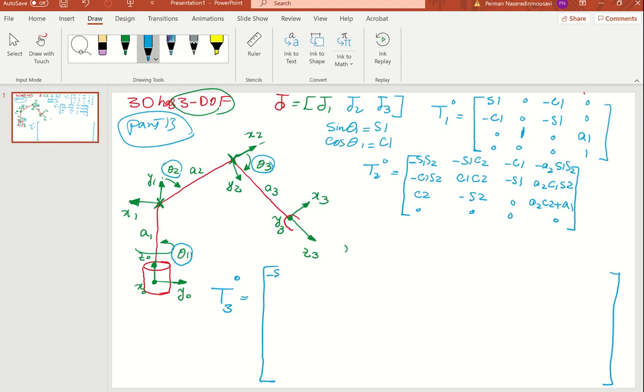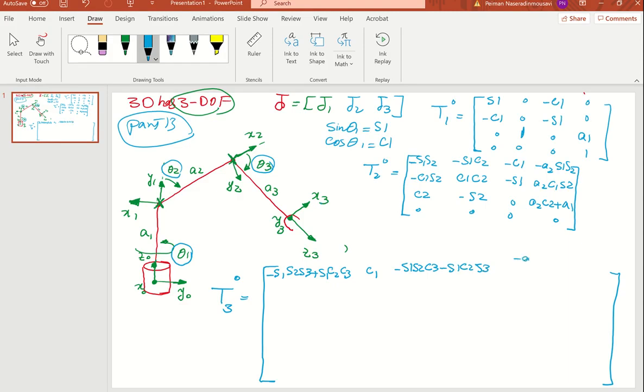You have minus sine 1, sine 2, sine 3 plus sine 1, cosine 2, cosine 3. Here was cosine 1 minus sine 1, sine 2, cosine 3 minus sine 1, cosine 2, sine 3.